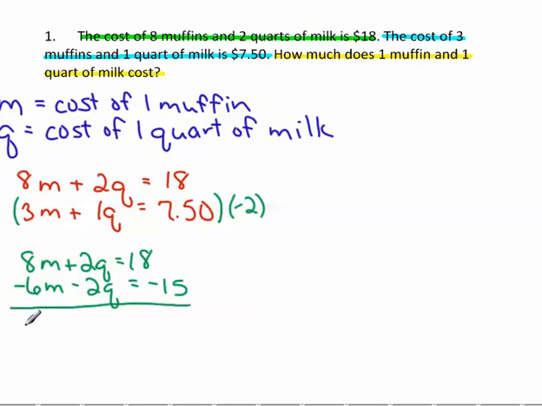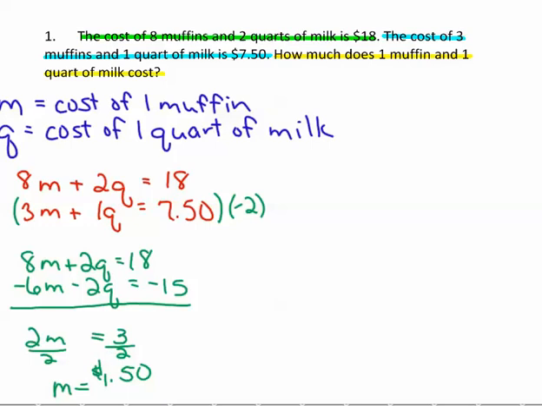And I wind up with 2m is going to be equal to 3. And so when I divide both sides by 2, I wind up with m equals 1.5. And this would be a good time to use decimals because we're talking about money. So 1.5 is actually representing $1.50 here.